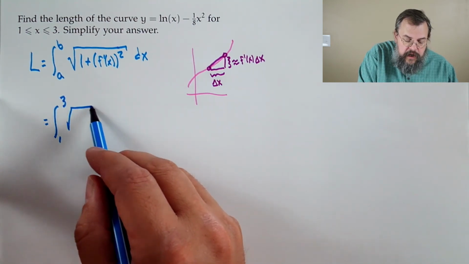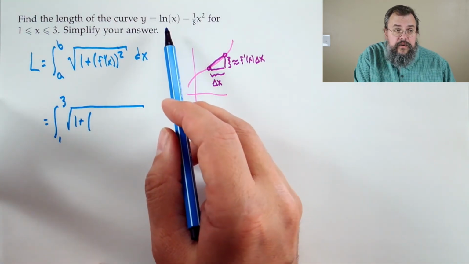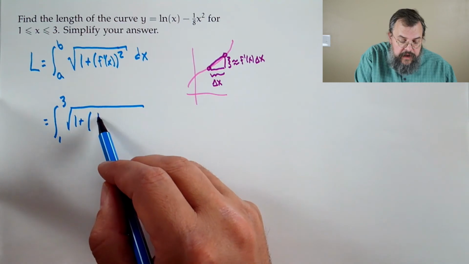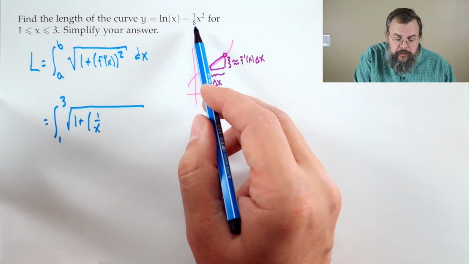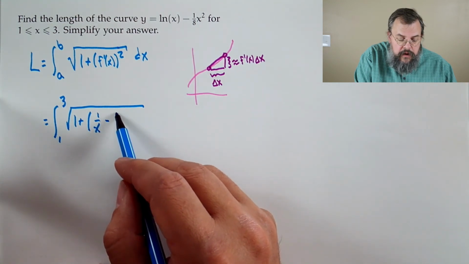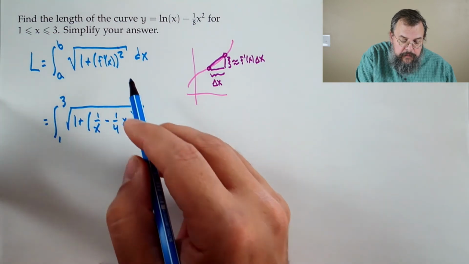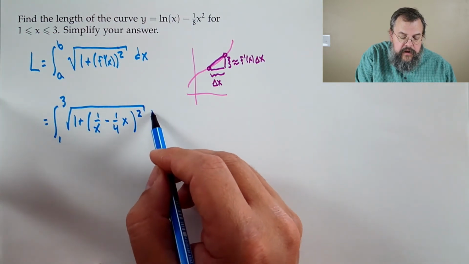The square root of 1 plus, now take the derivative. Derivative of natural log, 1 over x. Derivative of minus 1/8 x squared, well, that's minus 2/8 x, or 1/4 x. And don't forget the square, squared dx.